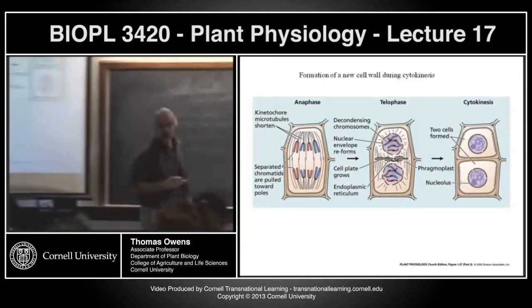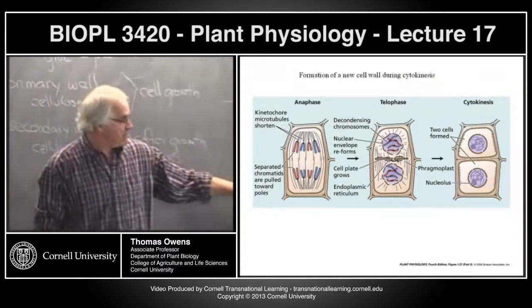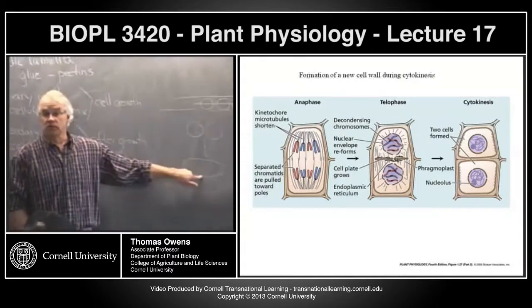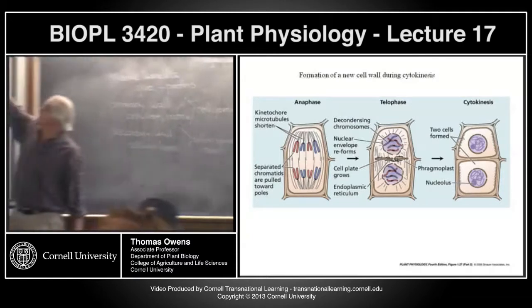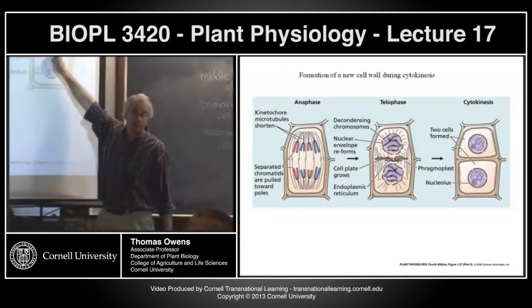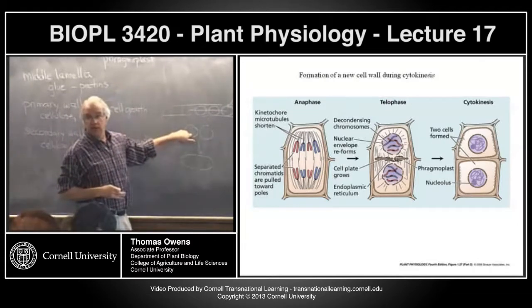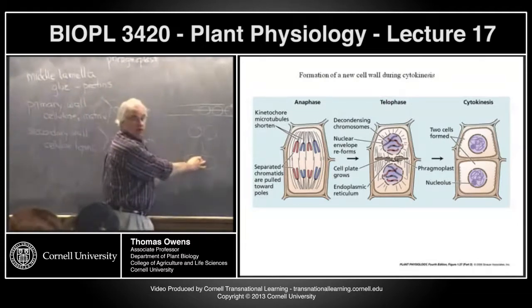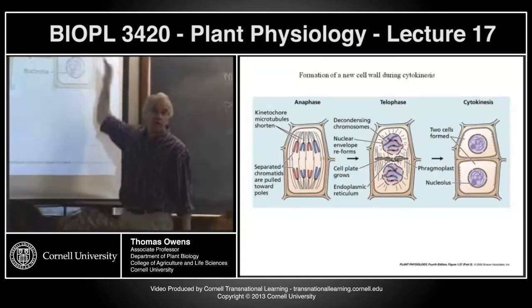When that happens, two things have been accomplished. The membranes of those Golgi-derived vesicles provide the membrane that is now the plasma membrane that separates the two cells. The contents of these vesicles is the middle lamella. As these vesicles fuse, that contents is left in between those vesicles where they fused.